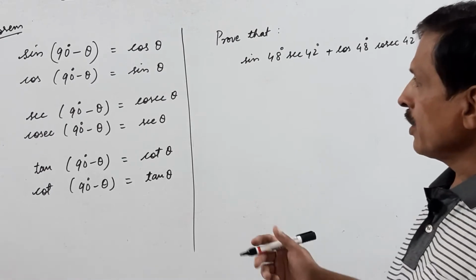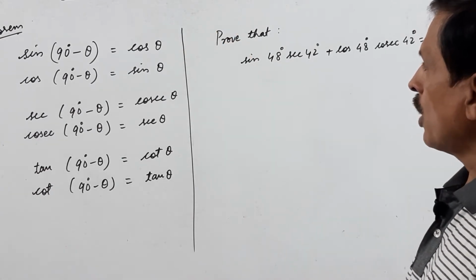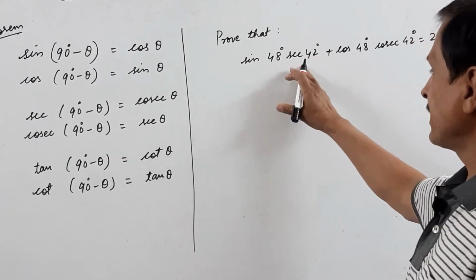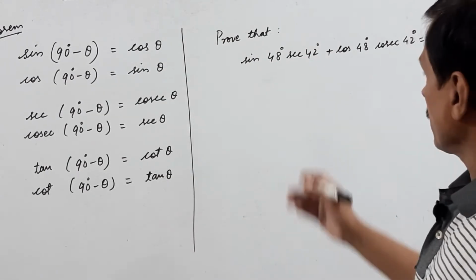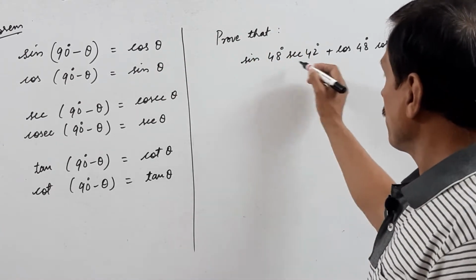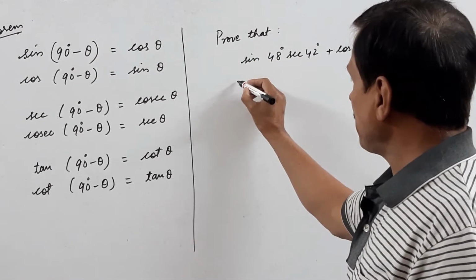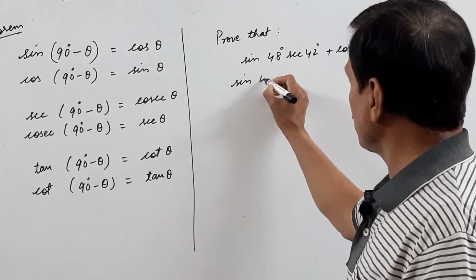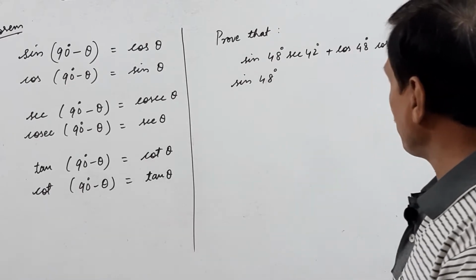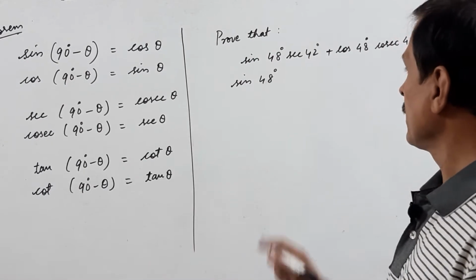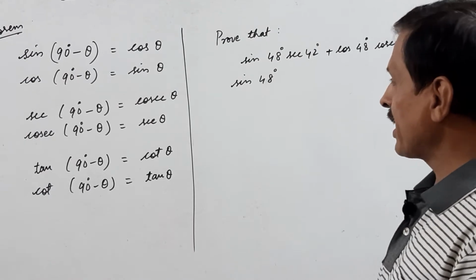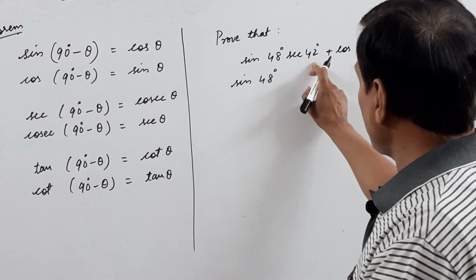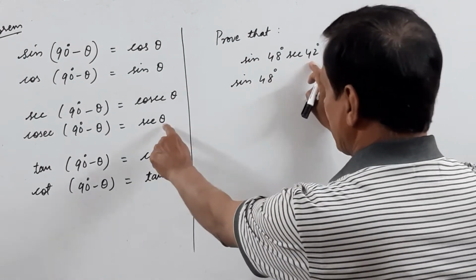We use this concept of complementary angles and change one of these trigonometric ratios into the other. For example, sin 48 we copy as it is. Sec 42 may be converted into cosec(90 minus theta), so theta here is 42.